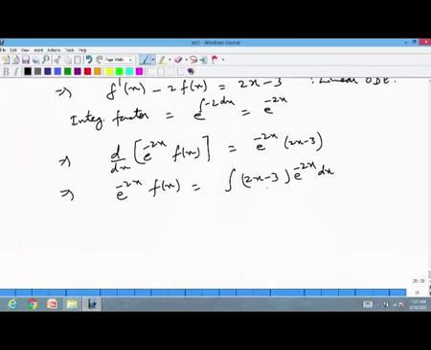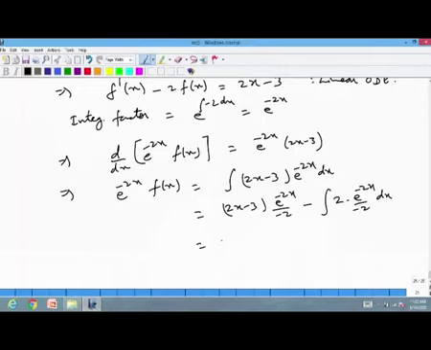This again we integrate by parts. So, this is equal to 2x minus 3 times e to the minus 2x by minus 2, minus integral of derivative of 2x minus 3, which gives 2, times e to the minus 2x by minus 2 dx.